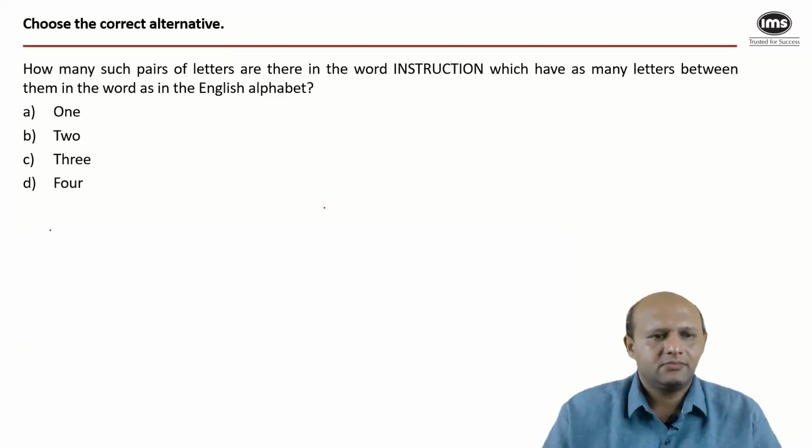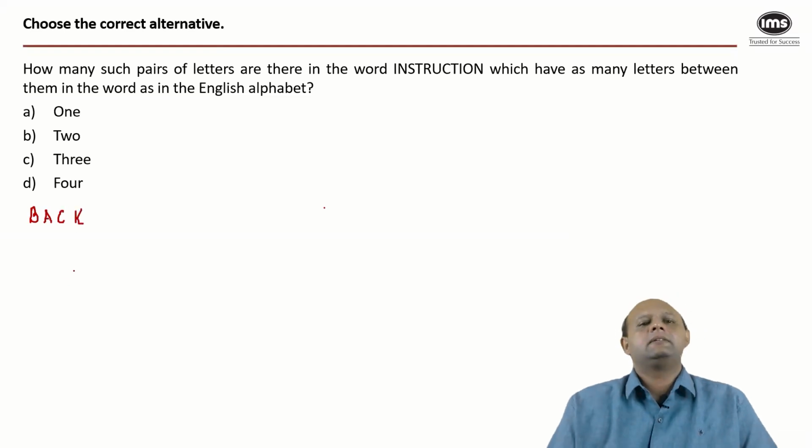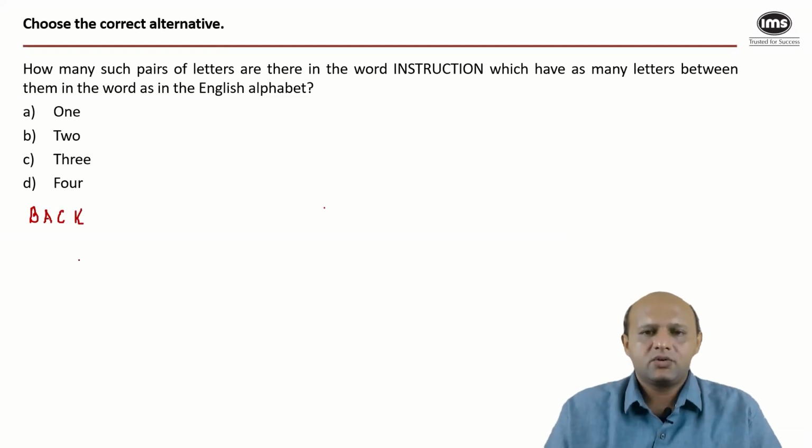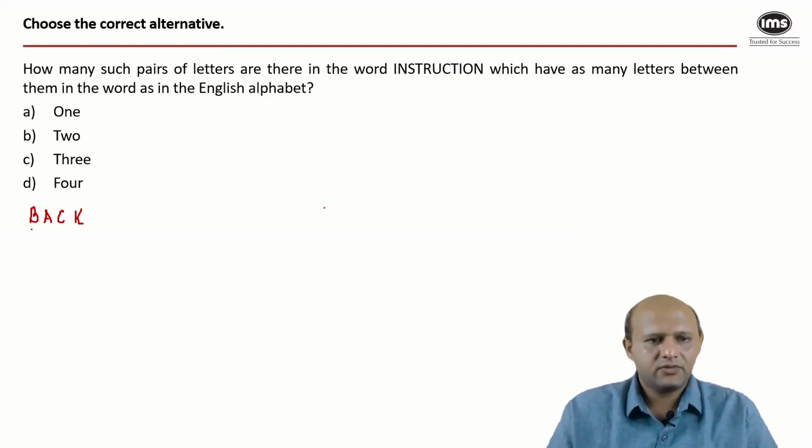Let's take a word, for example, BACK. If you're answering this question in context of this word, first you would enter the place values, which are B is 2, A is 1, C is 3, and K is 11.